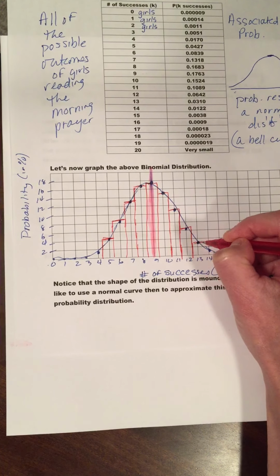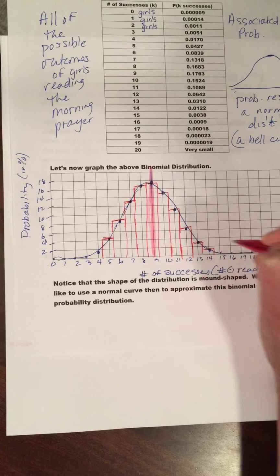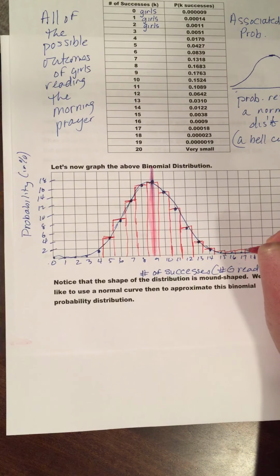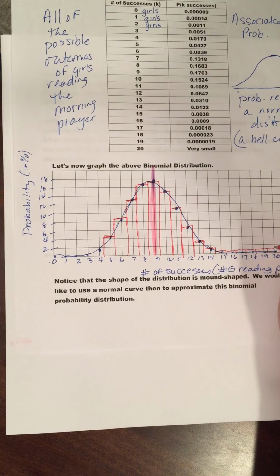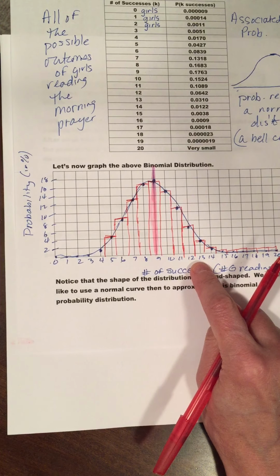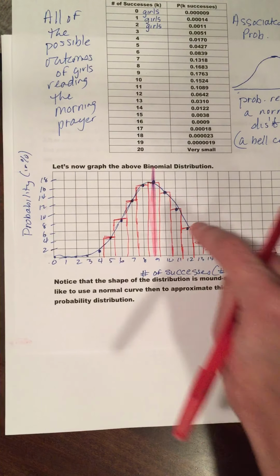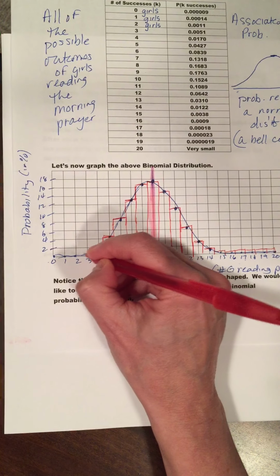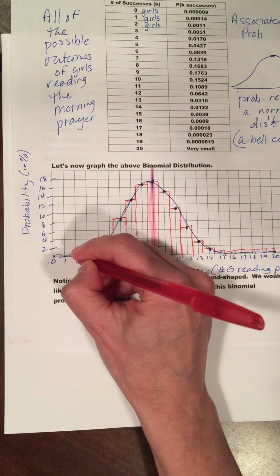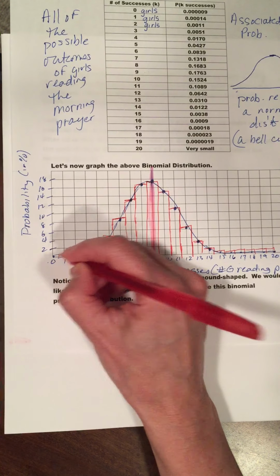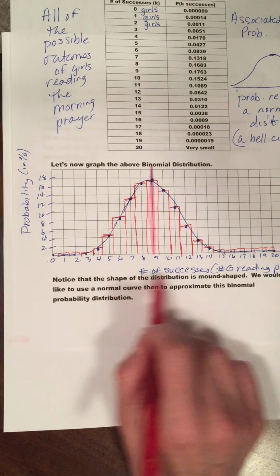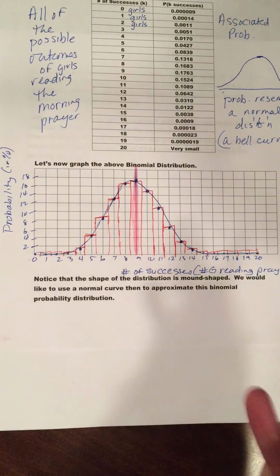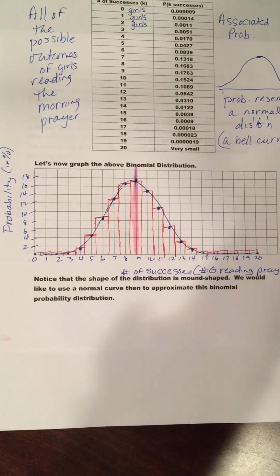So what I'm saying to you, as I continue my bars while talking, is that because the data that we're dealing with is discrete, yet the normal curve only can work with continuous data, we have to morph the discrete data that we're working with so it fits into a continuous model.